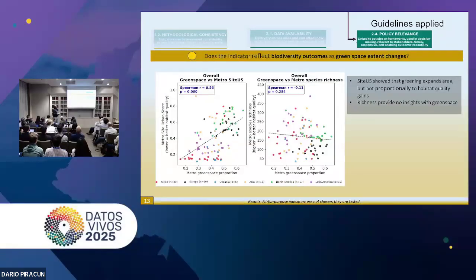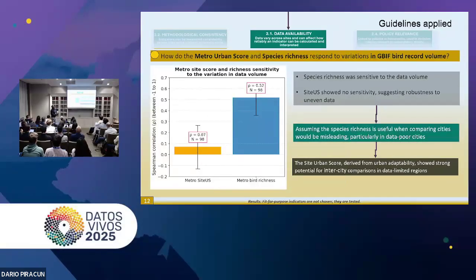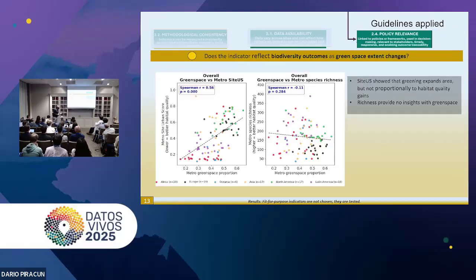The third one, coming back here, is another way to understand the guideline. Here I have looked at one dimension of the criteria, but you can test other aspects of data availability, not just data volume. So there are more dimensions you can test.